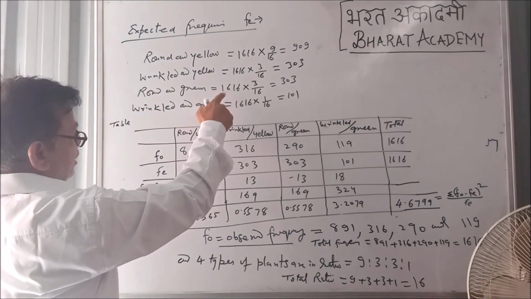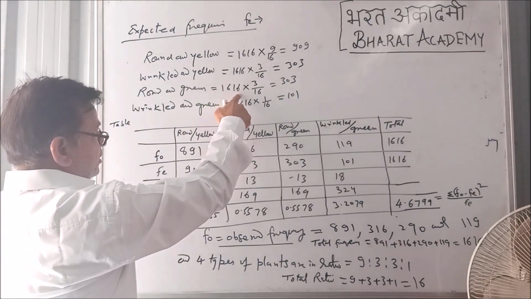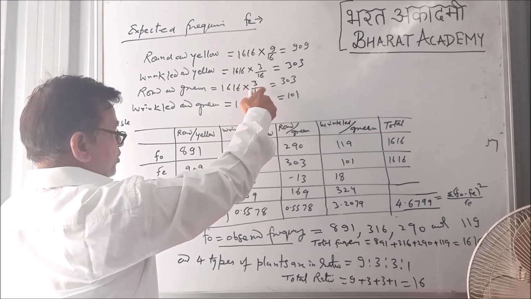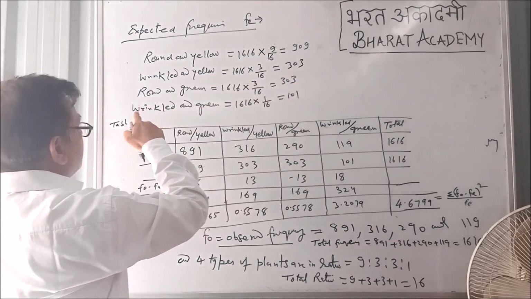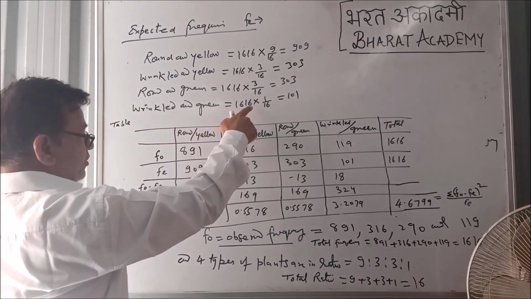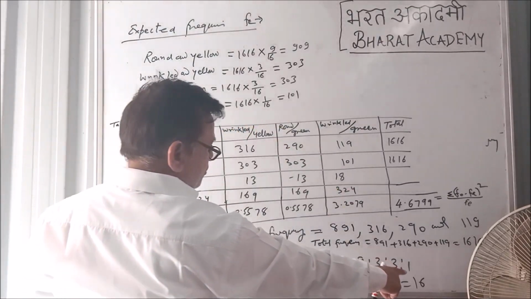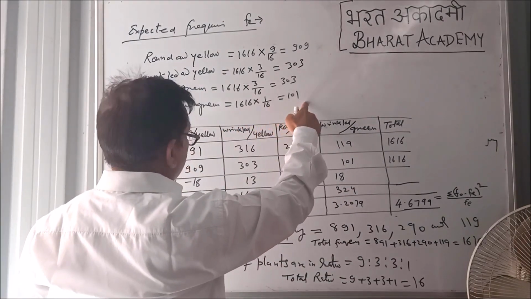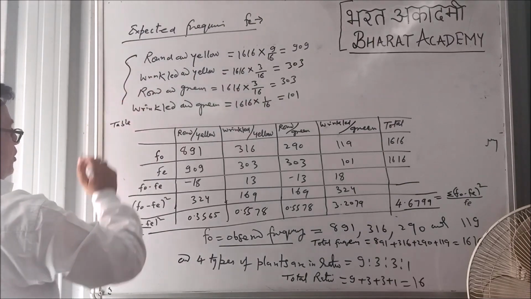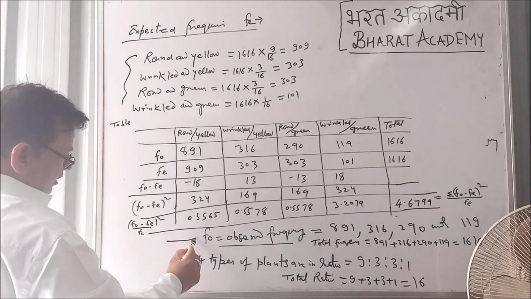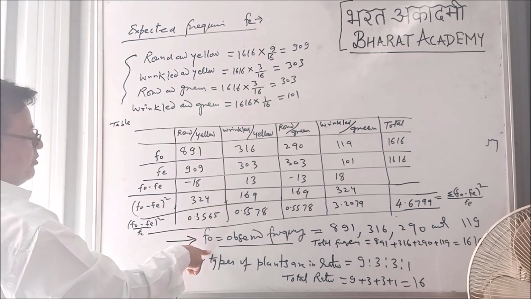Third, round and green, total frequency 1616 into third 3 upon 16, this is 303, and the last one wrinkled and green 1616 into last part was 1 upon 16, this is 101, and these are your expected frequencies, and the given frequencies were the observed frequencies.